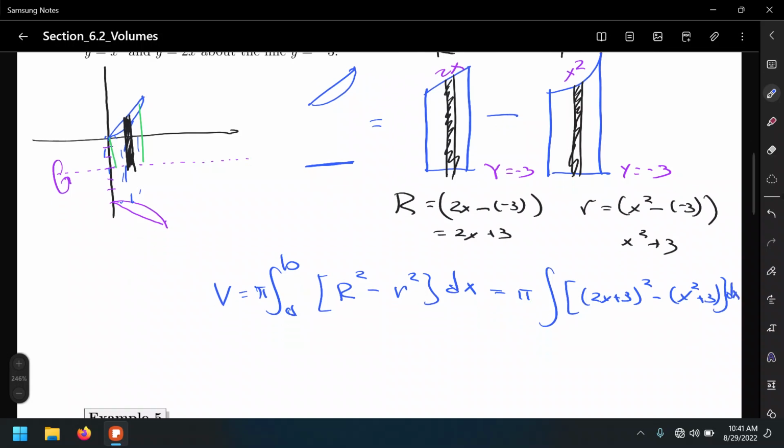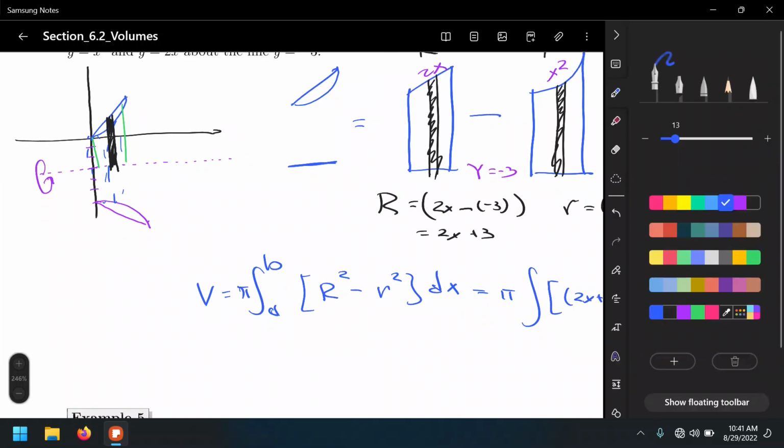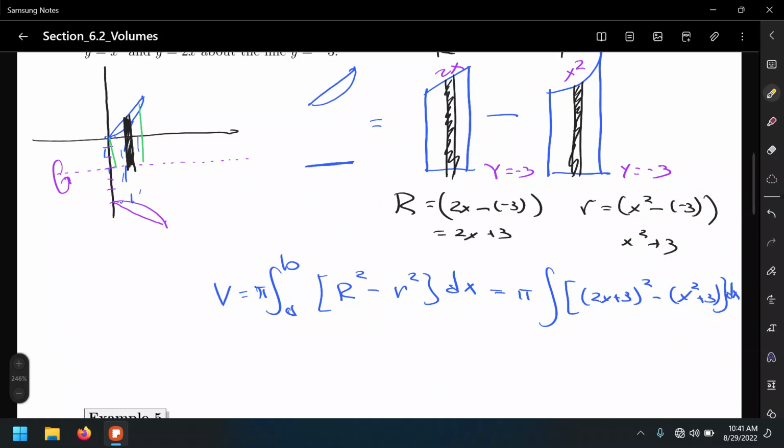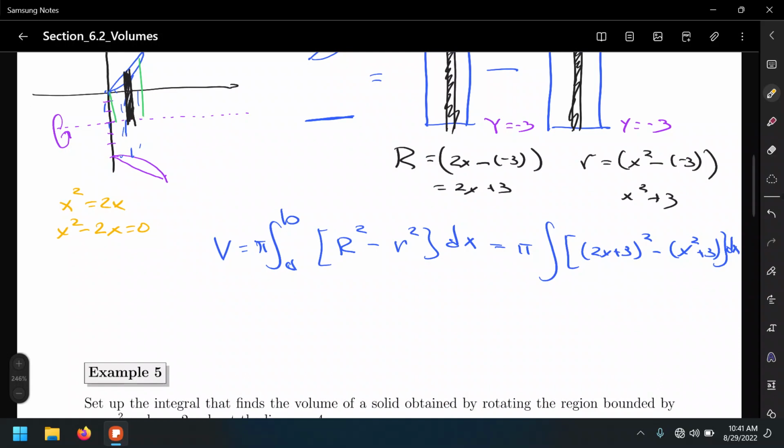And let's find the limits of integration. For that, again, we need to set the two quantities together. x squared equals 2x. x squared minus 2x equals 0. And we will solve this equation the same way we solved it in the previous example.